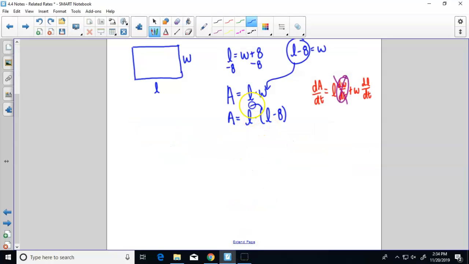So I'm going to go ahead and distribute that L. So my area formula is L squared minus 8L. Okay, so I'm going to take the derivative of this with respect to t. Justice, what will I get when I take the derivative of A equals L squared minus 8L with respect to t?